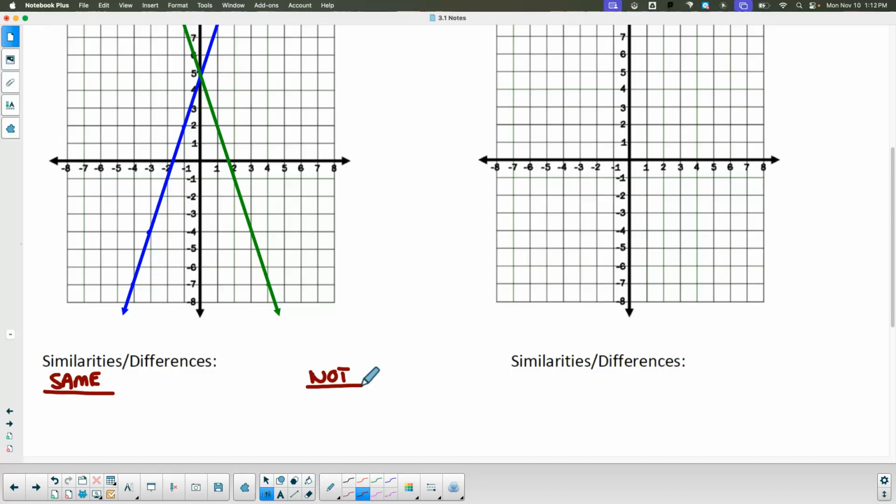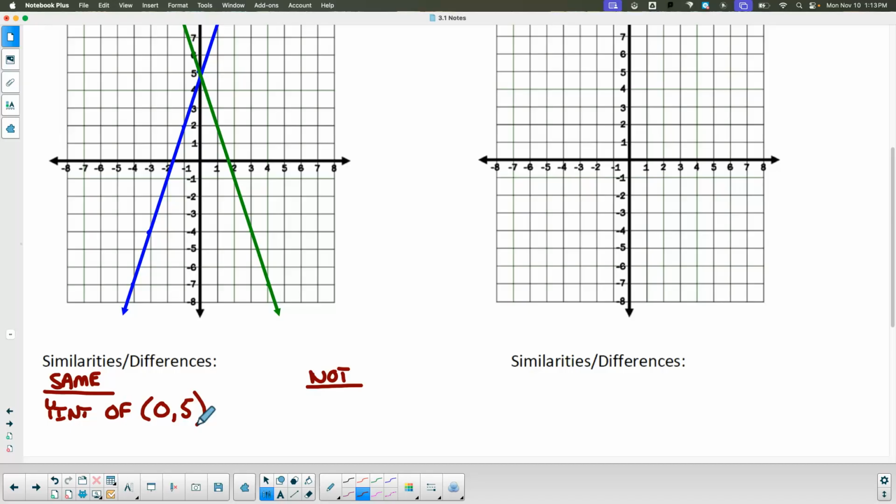If they were the same numbers, they'd be the same line. They both have the y-axis as 5. Intercept. Y-intercept. Yep, they both have a y-intercept. At 5, you said? So you were counting 5? Yep.